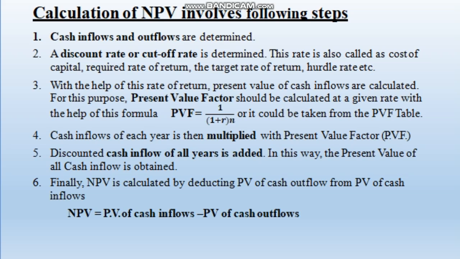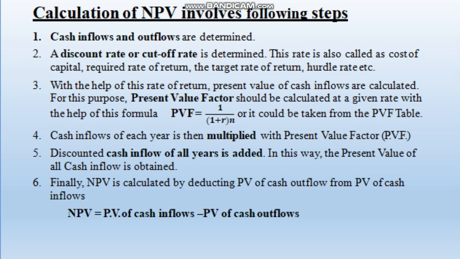Finally, NPV is calculated by deducting the present value of cash outflow from the present value of cash inflows. NPV, or net present value, is equal to present value of cash inflows minus present value of cash outflows.